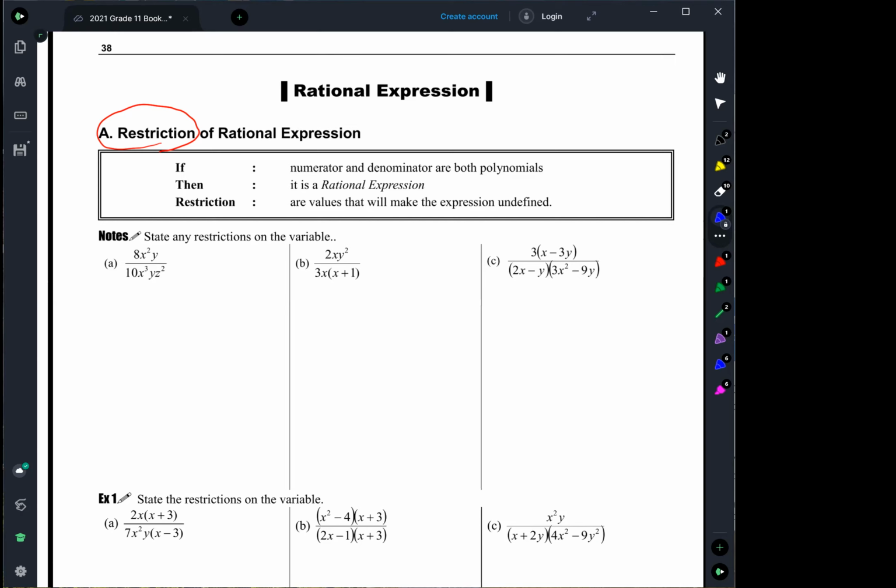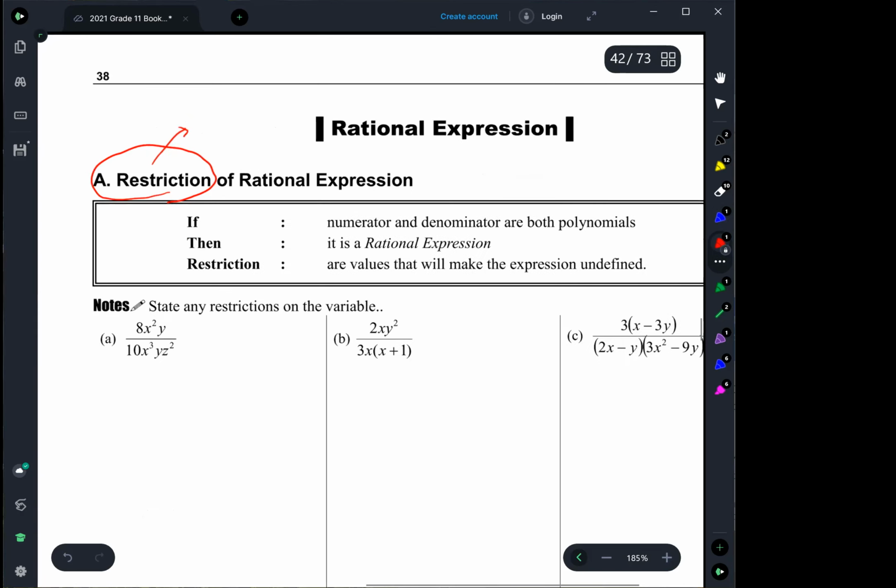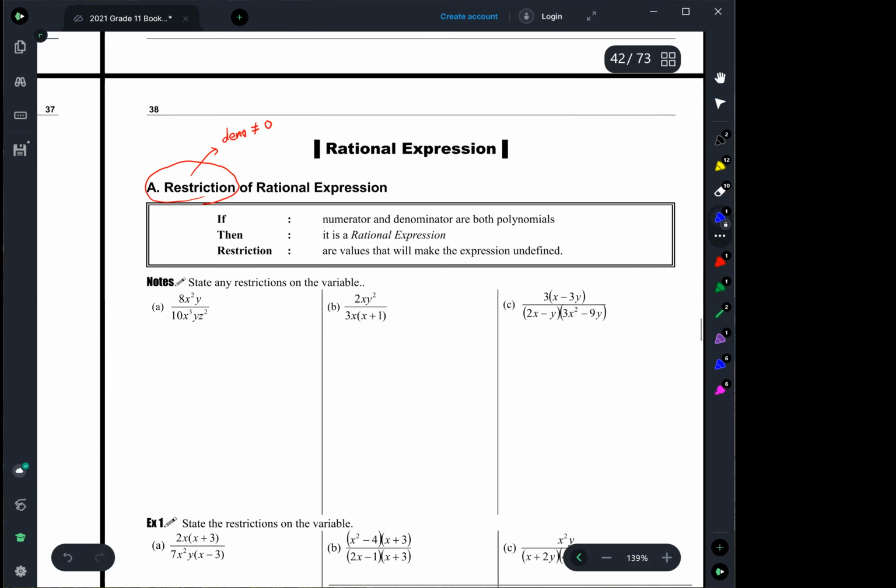You can write this down up here. Restriction for rational expression is denominator cannot equal to 0, because it won't make sense if you want to divide by 0.